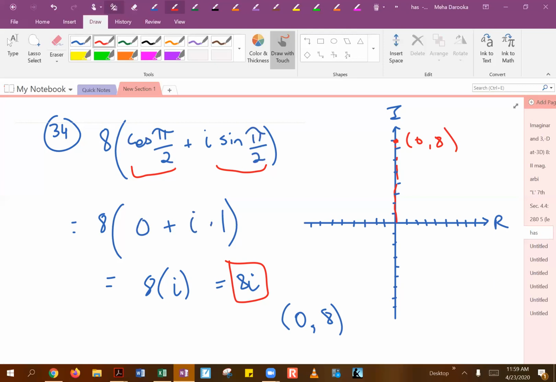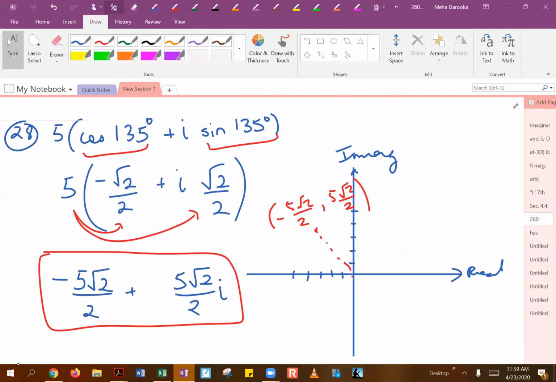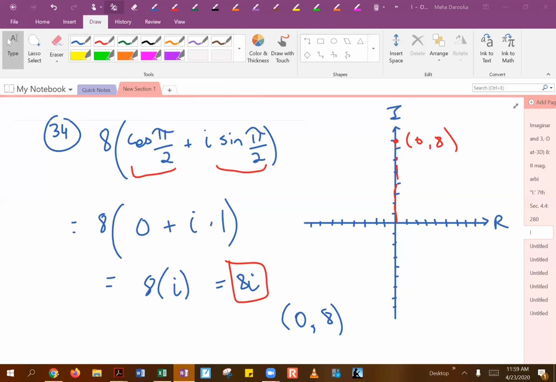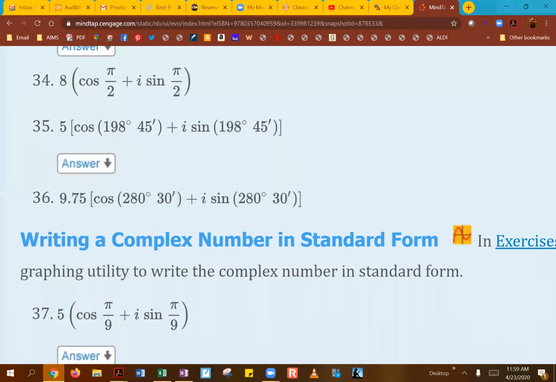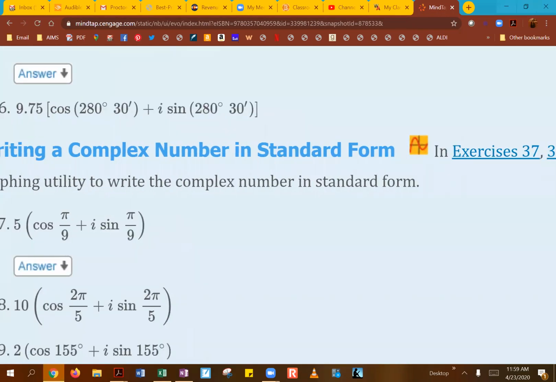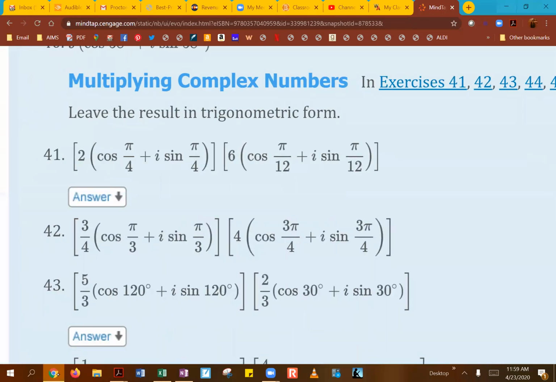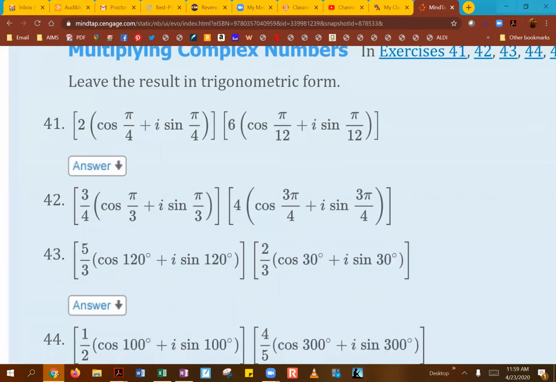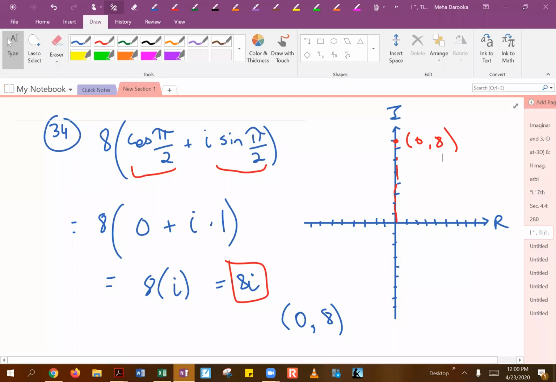Okay, so this was just to show you the difference between when you have your angles given in radians, and of course here, our angle was given in degrees. That was the only difference between these two examples. So let's look at number 44 right here. They're saying find the product, leave the result in trigonometric form.